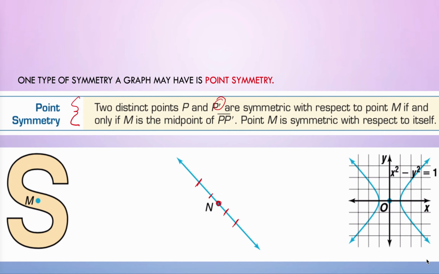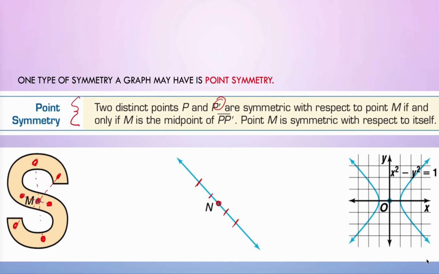With this graph, you've got some point here that corresponds to a point here. You've got a point up here that corresponds to a point here. So any point on the shape, you can draw a line through the midpoint and then have another point the same distance away.